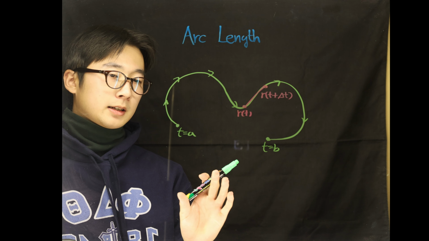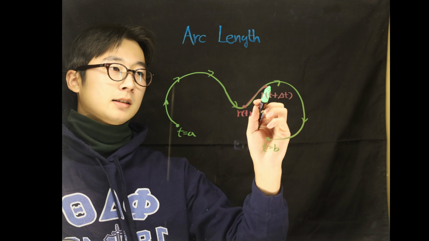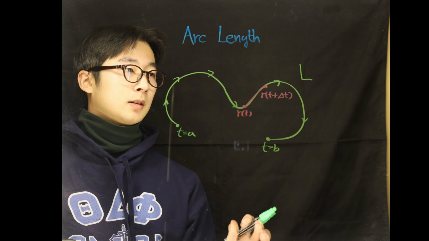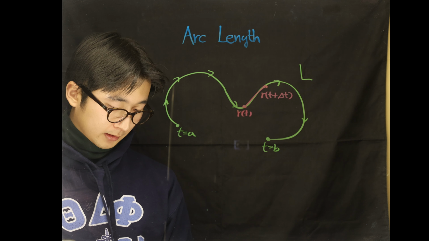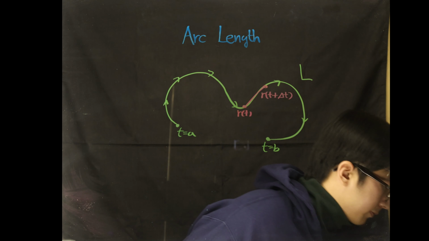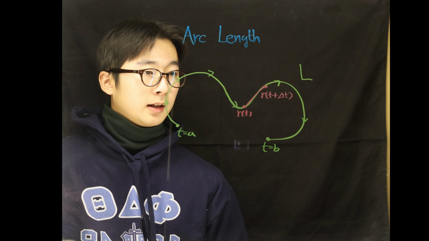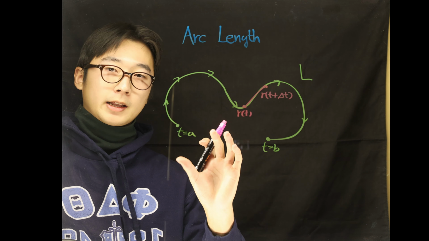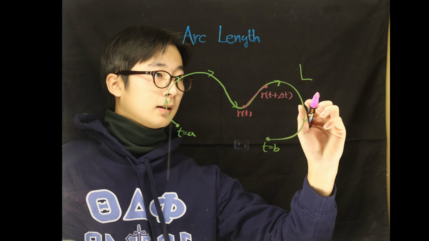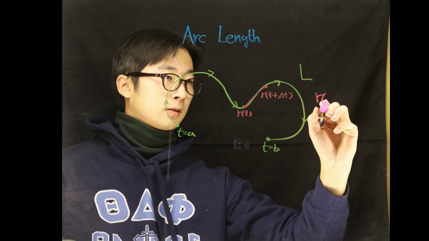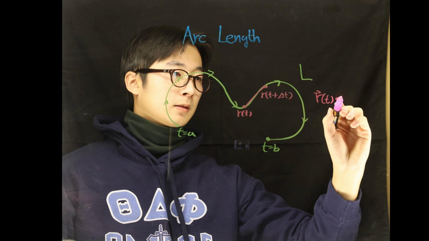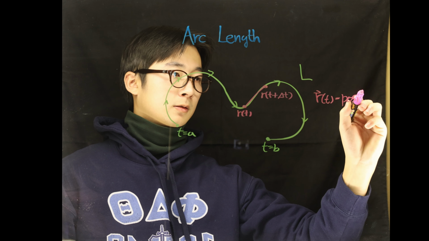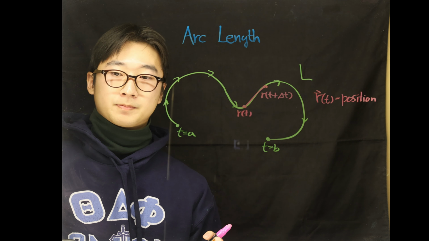I want to call this curve L, and we want to find the full length of it. Just letting you know, r of t is a position vector. Position, right?